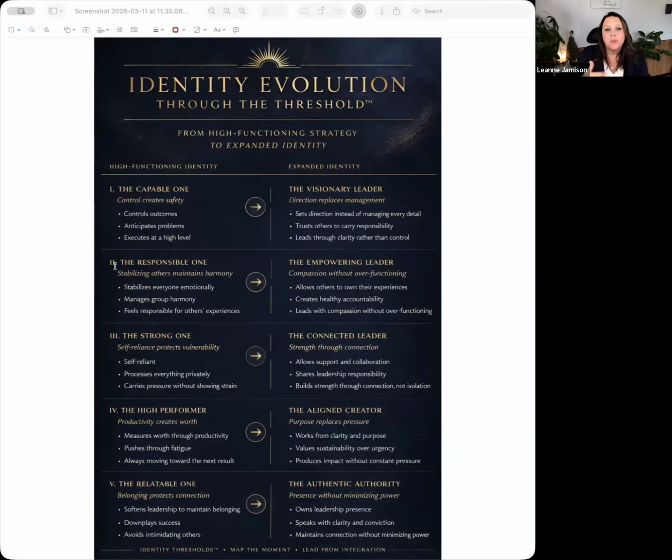Work produced from alignment has a very, very different quality, and it resonates rather than just impresses, right? People, again, feel it. It moves through them. And what else gets to happen is that she builds something that can become a legacy because it's no longer entirely dependent on constant motion. Remember, we're looking at sustainability.